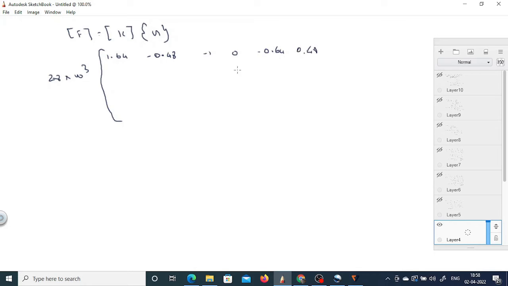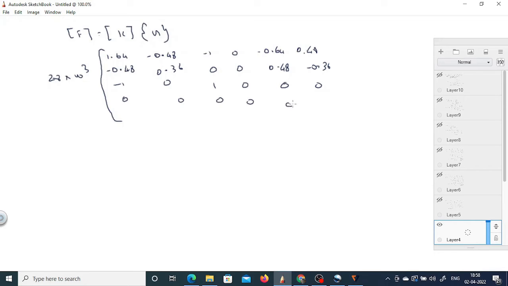The second row is 0.48, 0.36, 0, 0, and then 0.48, minus 0.36. The third row is minus 1, 0, 1, 0, 0, 0.